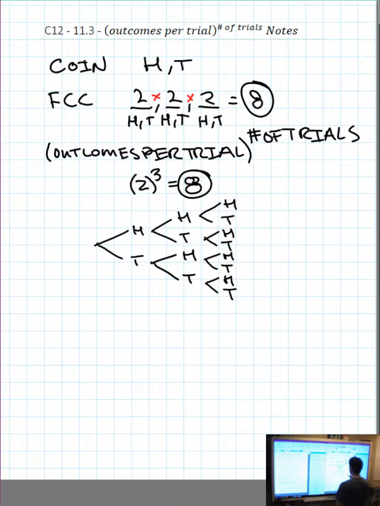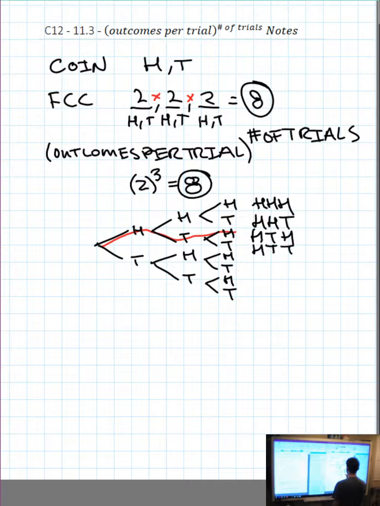Then each of my outcomes is heads, heads, heads, or following the second pathway, heads, heads, tails, or following the third pathway, and so on, heads, tails, heads, then heads, tails, tails, then tails, heads, heads, and so on through the tails outcomes.